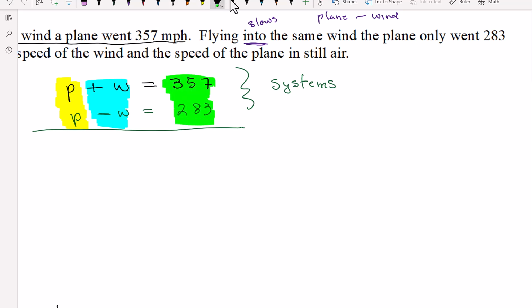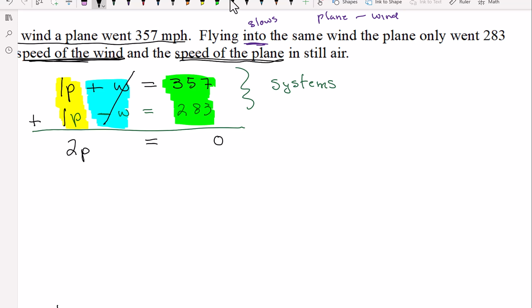What we want to know is the speed of the wind and the speed of the plane. We've got these two equations. If we add vertically, 1P plus 1P, there's 2P. Positive W and negative W, those are going to cancel. And when you add these two together, what do you get?